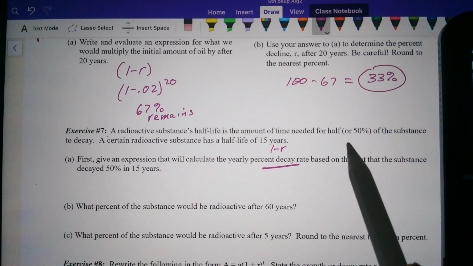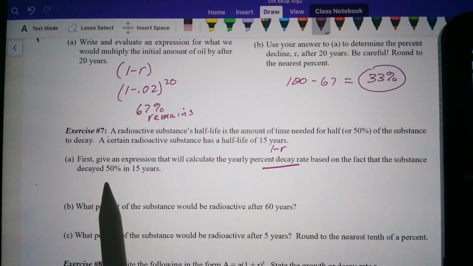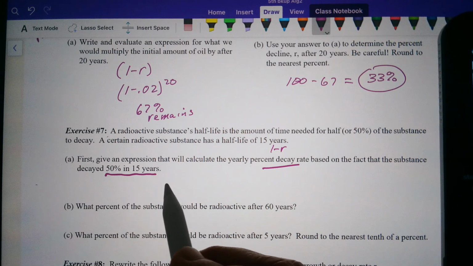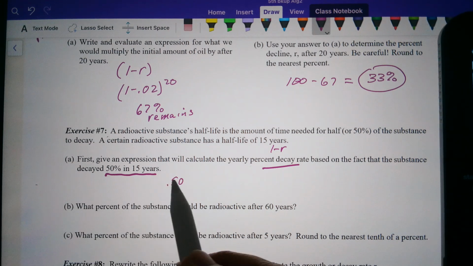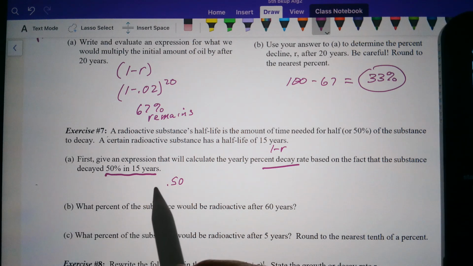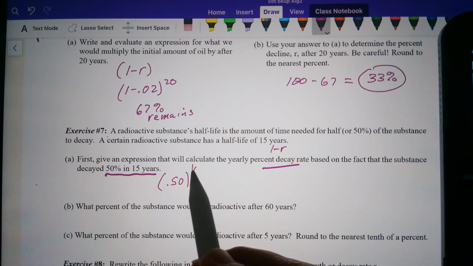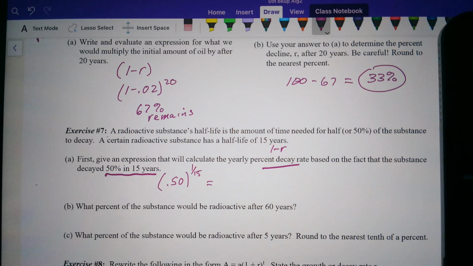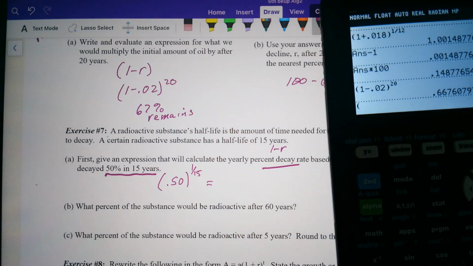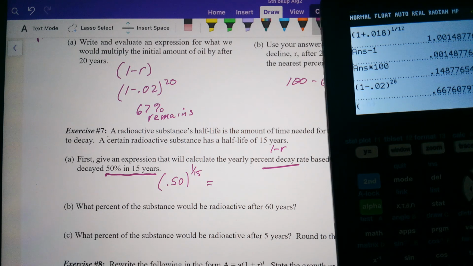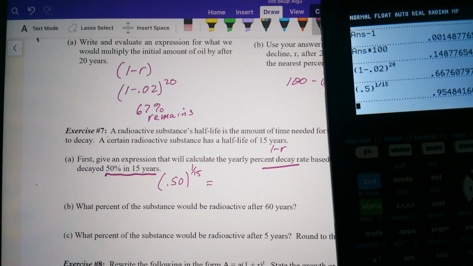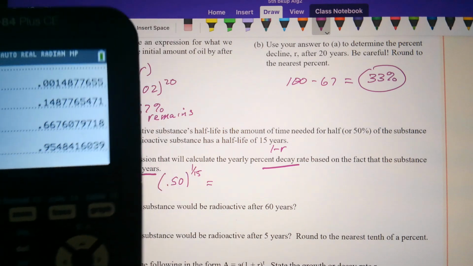Well, this is 50% in 15 years, so 1 year would be 1/15 of that. 0.50 raised to the 1/15, which is 0.9548.